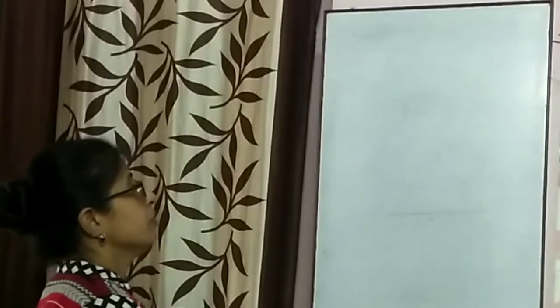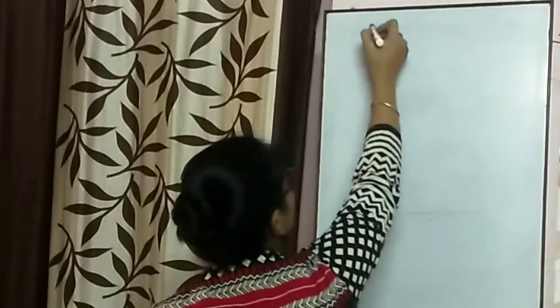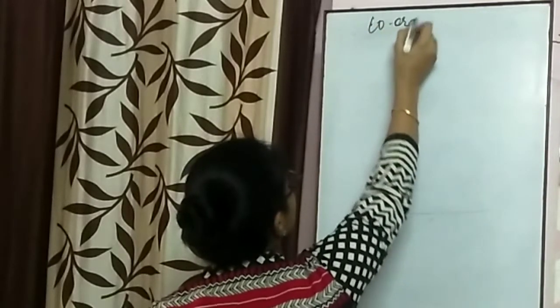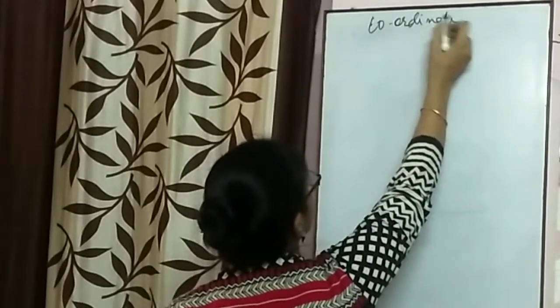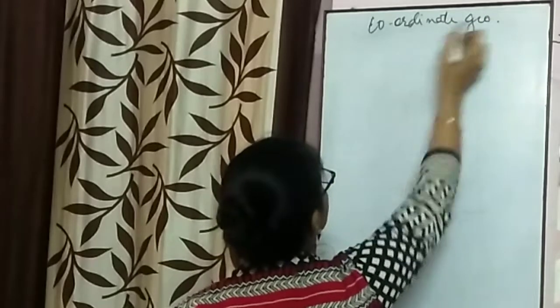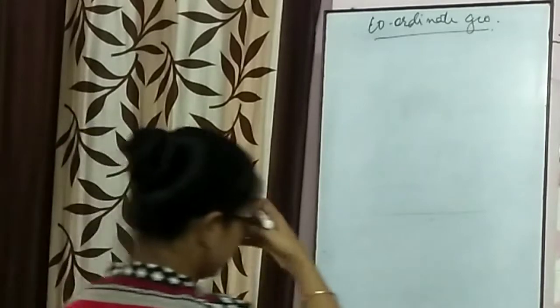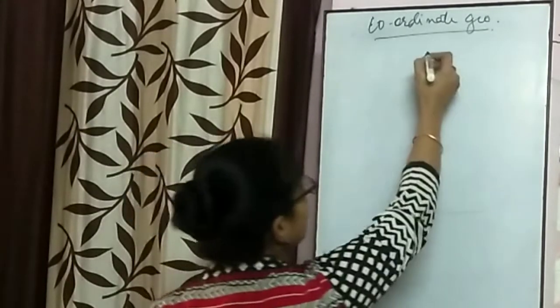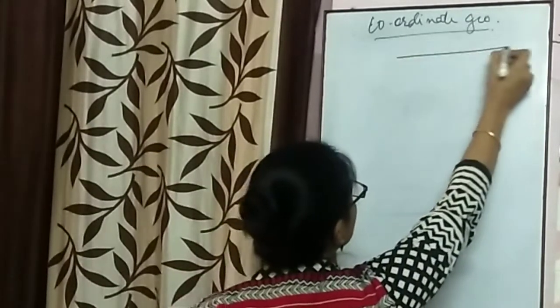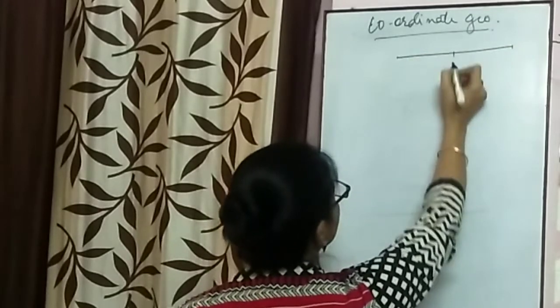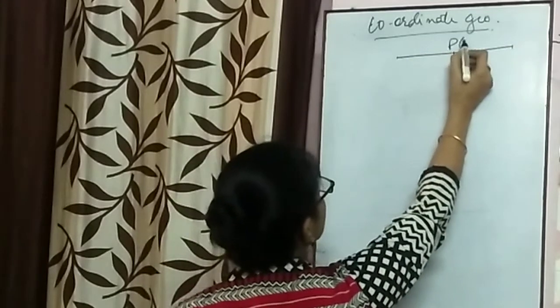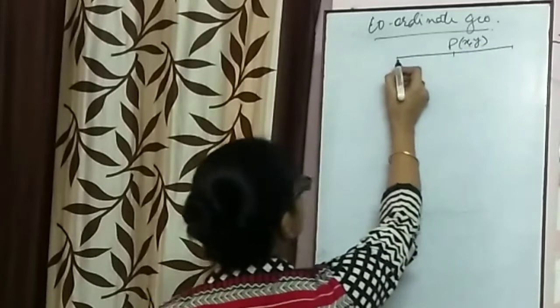In this chapter, in coordinate geometry, today we'll be discussing how to get the coordinates of a point by which a line is divided.